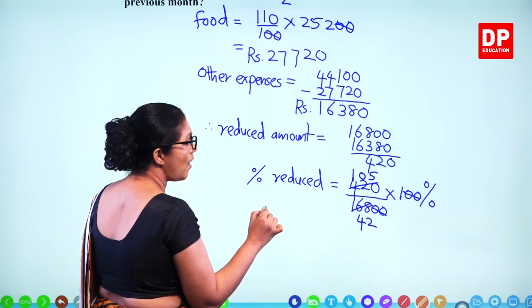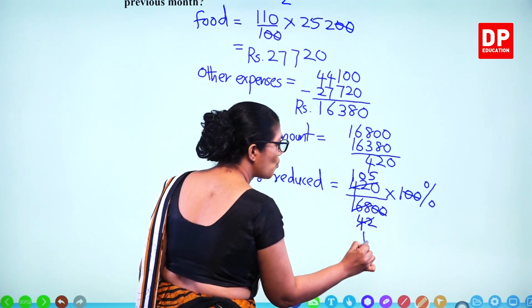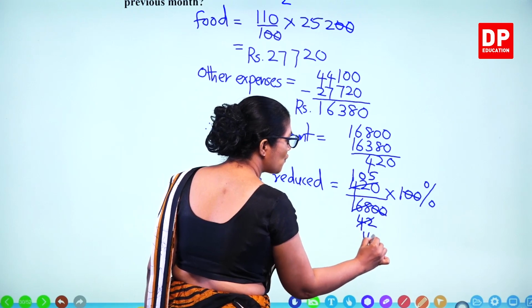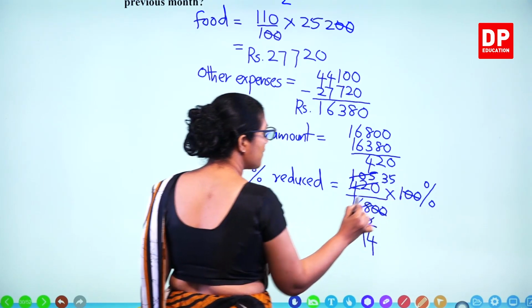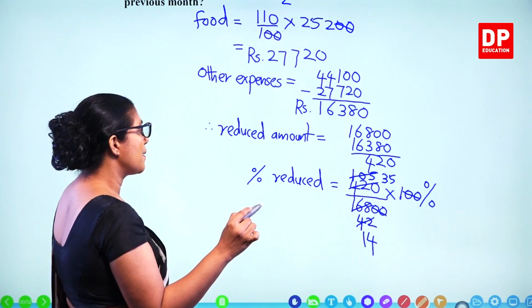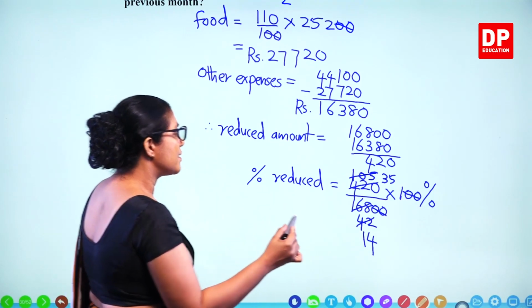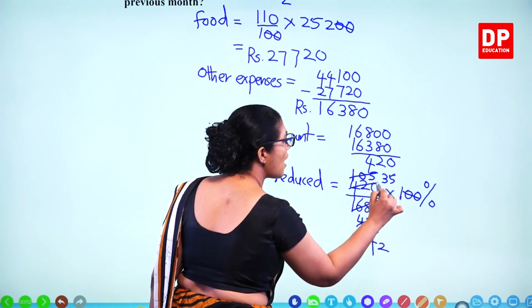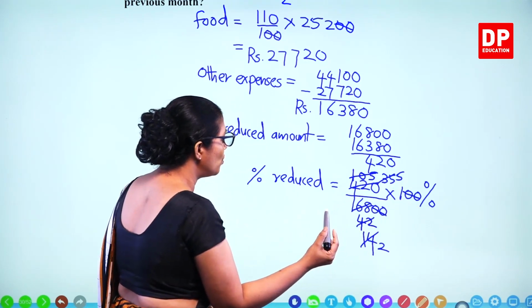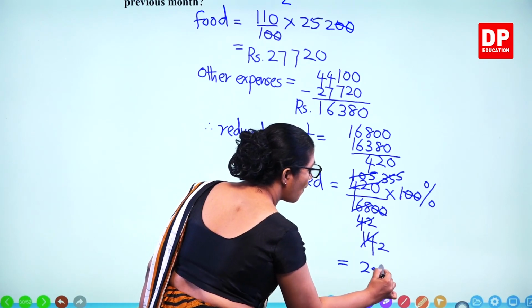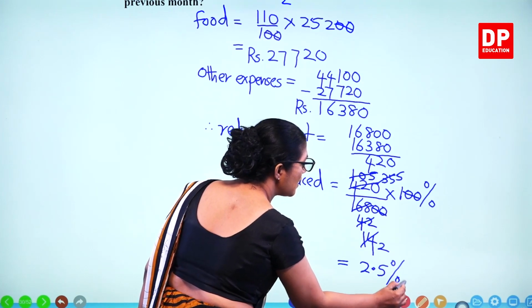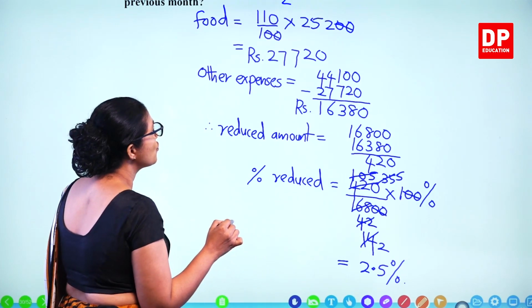Now we can divide by 3. 3 times 1, 3. 3 times 4, 3 times 3, 9 and 5, 3 times 5, 15. Then 7 times 2, 7 times 5. 5 divided by 2 is 2.5%. So that's the percentage reduced.